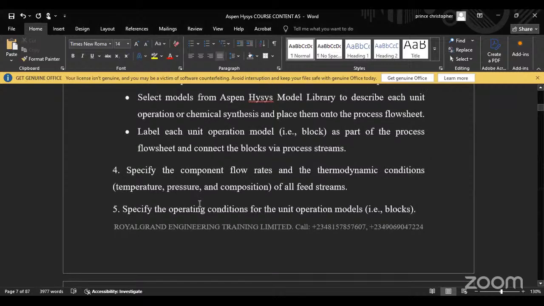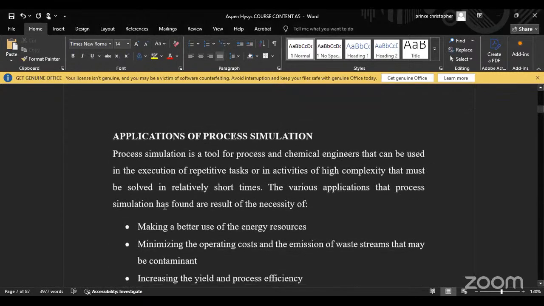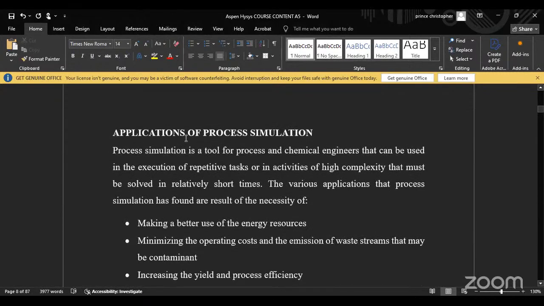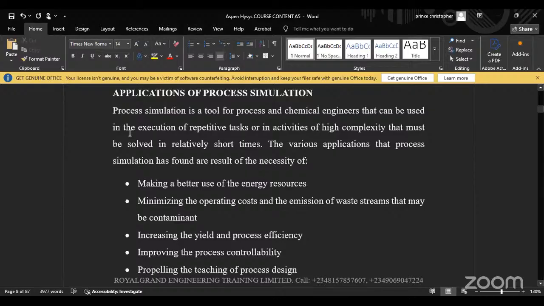Okay. Applications of process simulation. So where can we apply process simulation? Process simulation is a tool for process and chemical engineers that can be used in the execution of repetitive tasks and that must be solved in relatively short time.